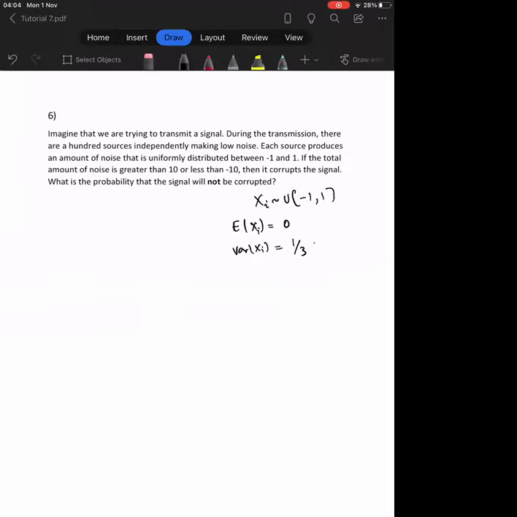And now that we know that for each random variable, we know कि 100 sources हैं. They're independently making low noise. This warrants a case for the central limit theorem. पहले मैं define कर देता हूँ. And y that's the sum of 100 sources.